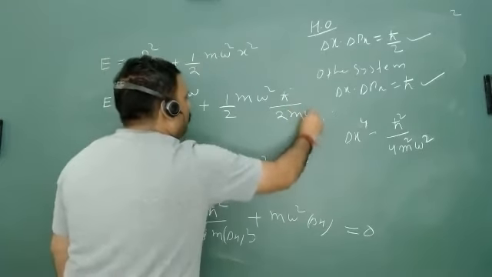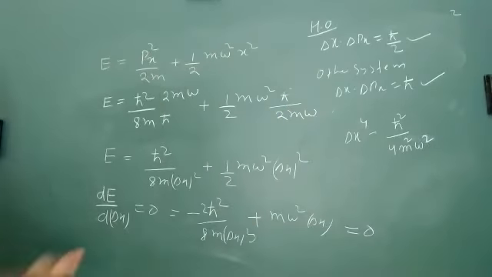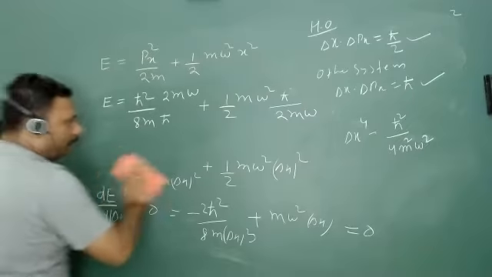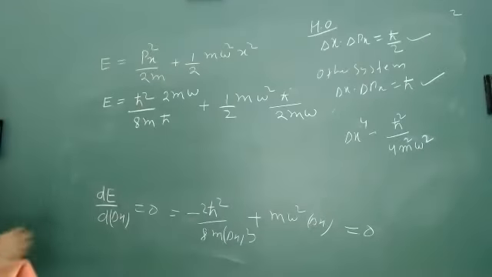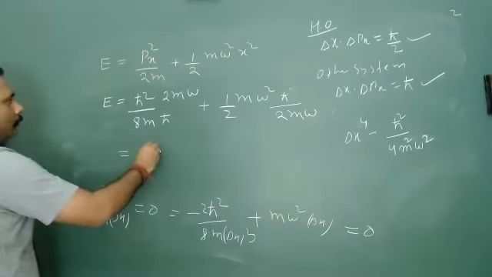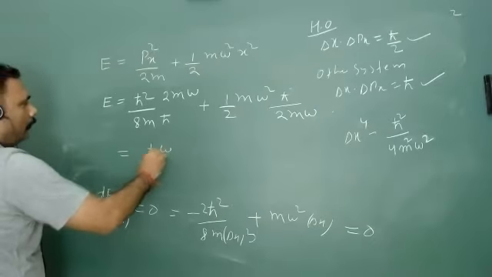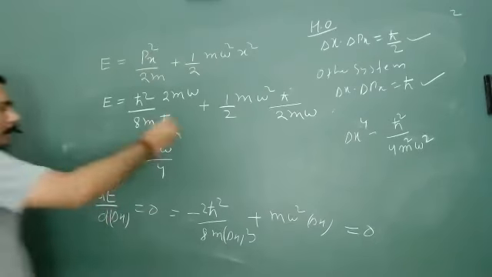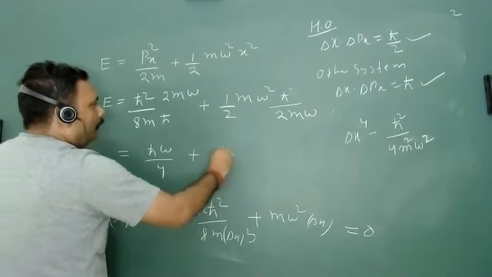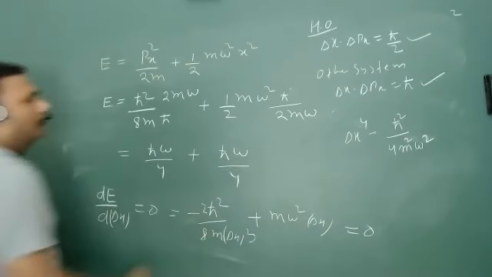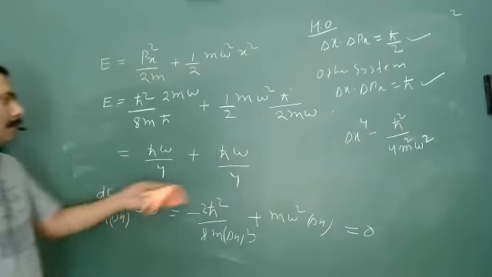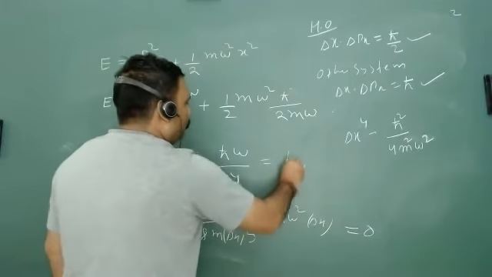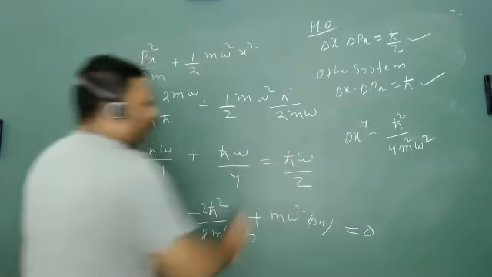And now you will again see the thing. If I calculate it, this will come h cut omega by 4. This will also come h cut omega by 4, isn't it? Look at the symmetry, and this will come up to h cut omega by 2.